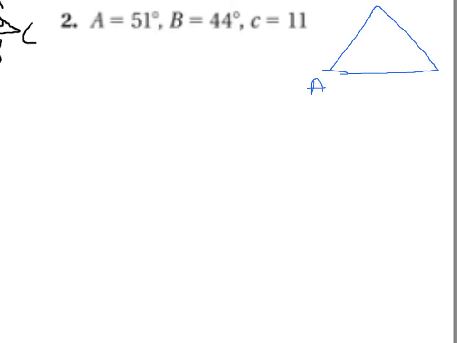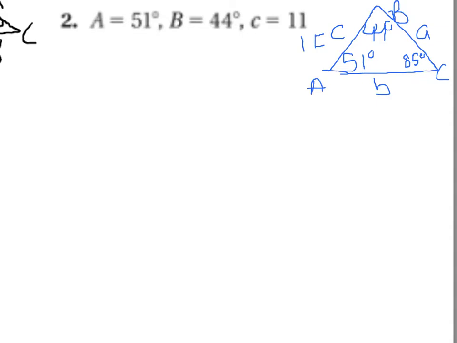Label it A, B, C. Fill in what you know. 44 degrees, 51 degrees, and then that's side C, side A, side B. We know that C is 11. So I'd figure out angle C: 180 minus 44 minus 51, because triangles add to 180.